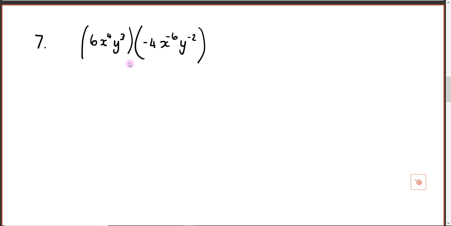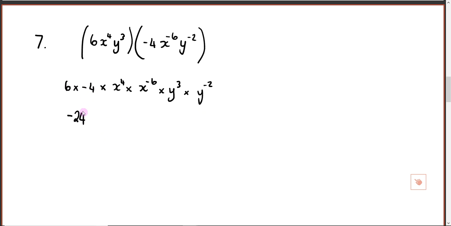So we can think of it without brackets as 6 multiplied by negative 4 multiplied by x to the power of 4 multiplied by x to the negative 6 multiplied by y cubed multiplied by y to the minus 2. Again, you don't have to do this, but if you're adding things, maybe you need to. 6 multiplied by negative 4 is negative 24.